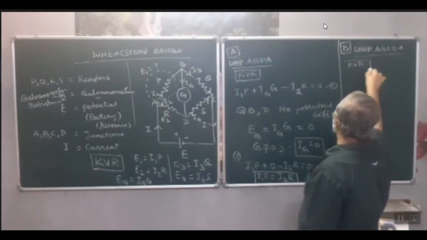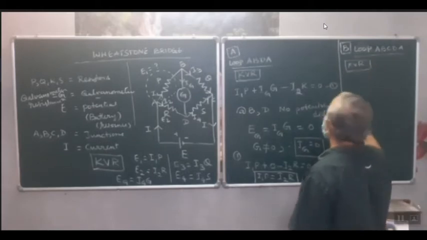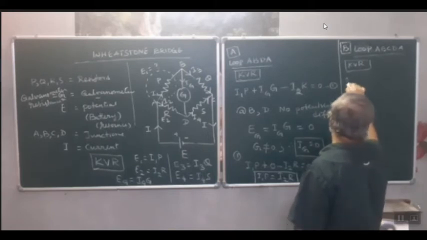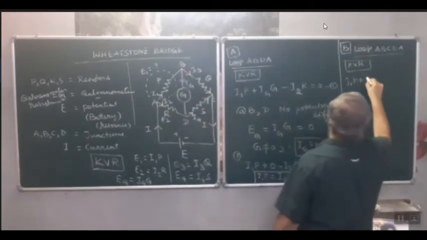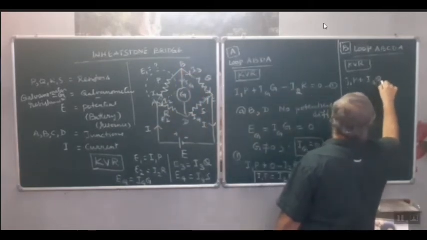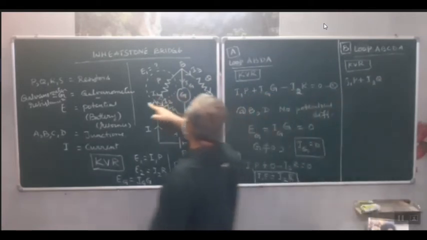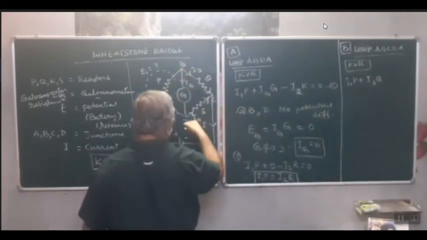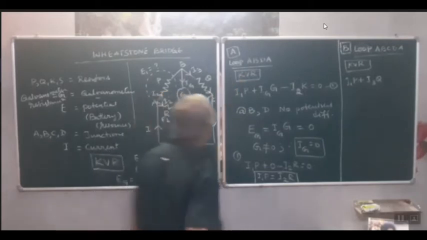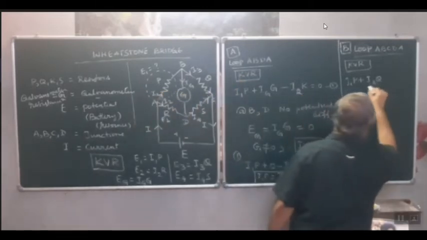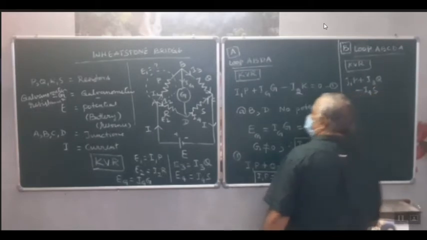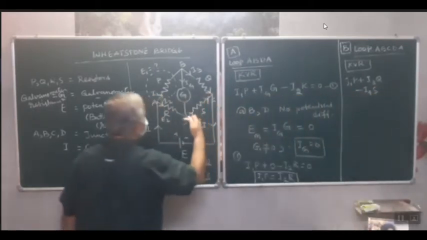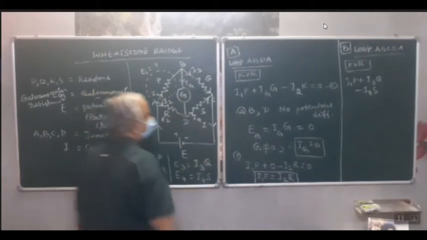So let us apply KVR: I1P plus I3Q minus I4S, why? Because the current goes in the opposite direction, so minus I4S.